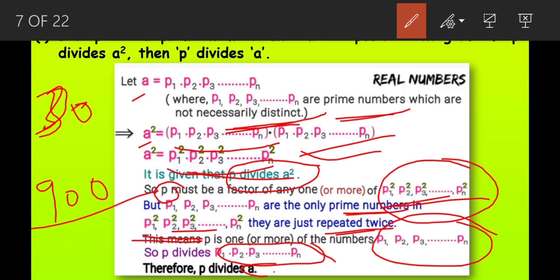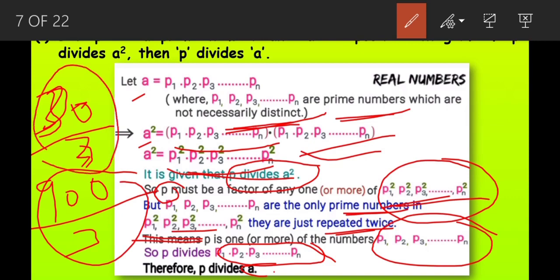They are saying that p divides a square. 3 divides 900, so automatically 3 divides 30. If 3 divides 900, meaning p divides a square, then automatically p divides a. This is the simple form of the theorem.